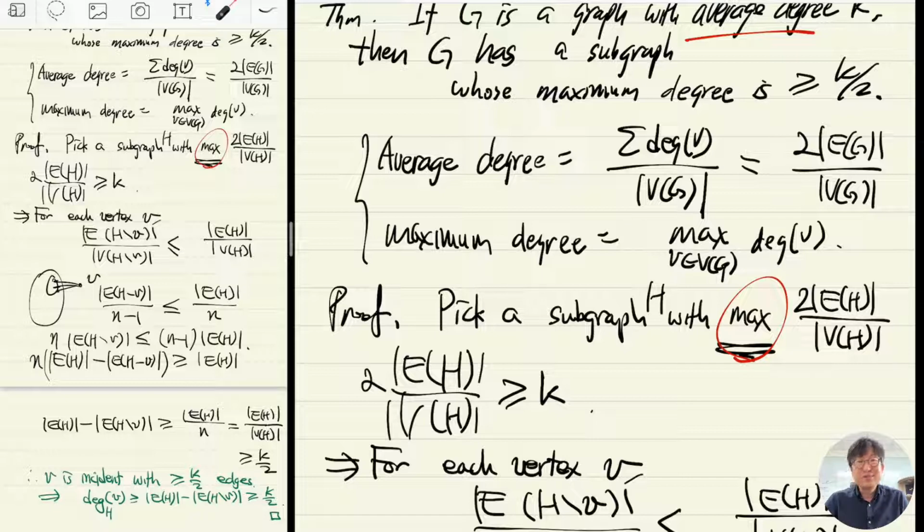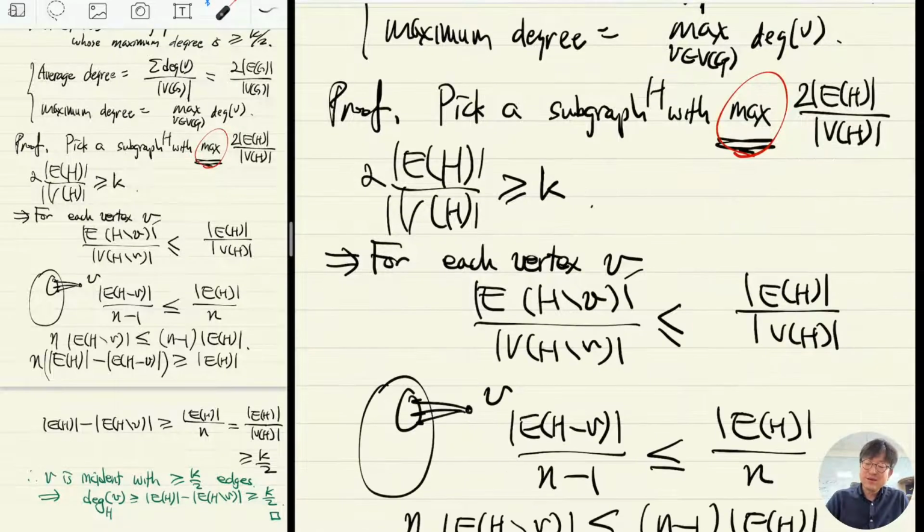But actually, if you understand the proof, whenever you find a vertex whose deletion increases the average degree, you go for that subgraph. So you start with a graph G and delete a vertex which increases the average degree.